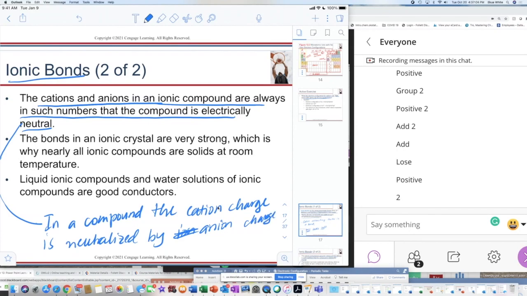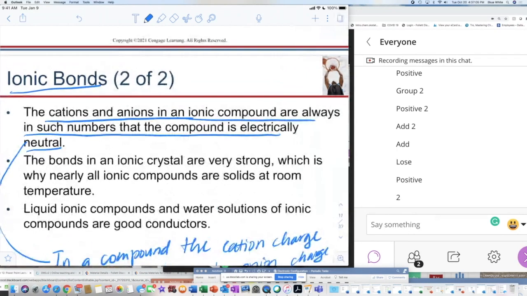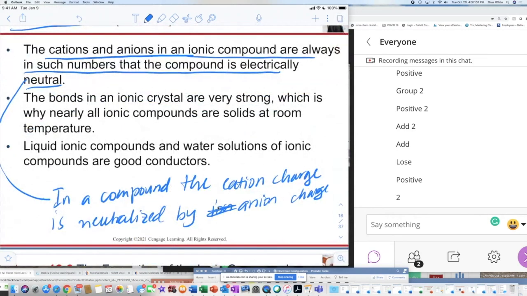So you want to use as many cations as anions to make sure the whole compound is neutral, because compounds never have a charge. If they have a charge, they're an ion. Okay? We talked about this part before.